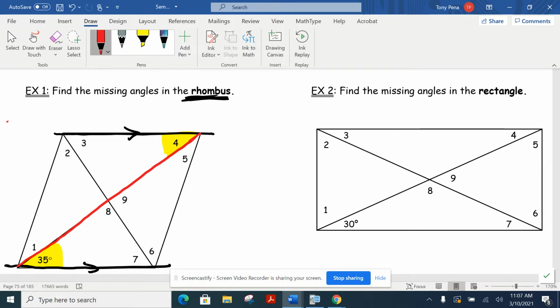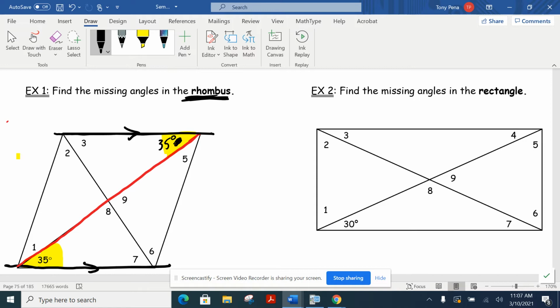So because of that, what that allows us to then say is alternate interior angles are congruent. So angle 4, I'm going to cover that up, and we now know angle 4 has to be a 35-degree angle. All right, and then we're at least on our way in terms of getting some of these angles marked.